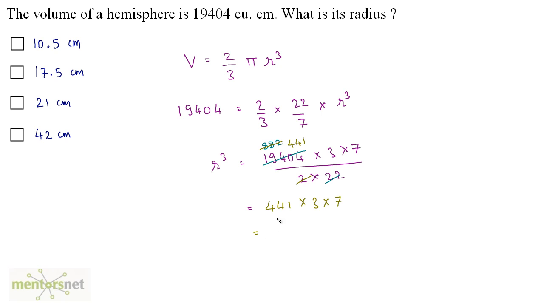Well, 441 is basically 21 square, times 3 times 7 is again 21. So this is actually 21 cube. So r cube is 21 cube. So taking cube root on both the sides, I can say r is equal to 21 centimeters. So this is the radius, which was asked. So option C is the correct answer.